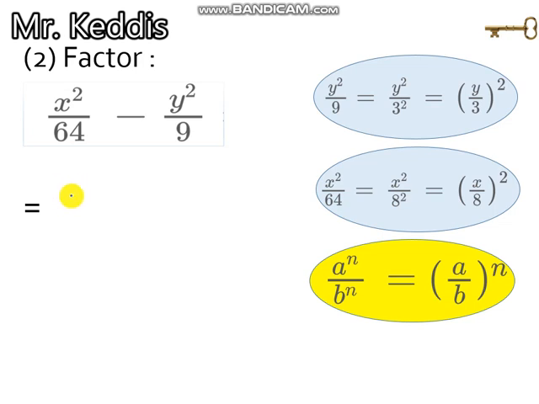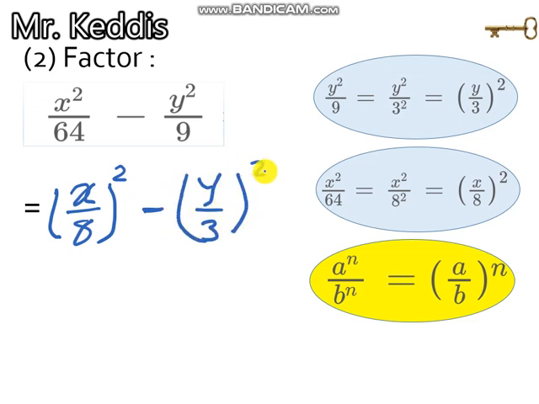I'm going to write this as x over 8 quantity squared minus y squared over 9, which means y over 3 quantity squared. Now this is the difference between two squares.